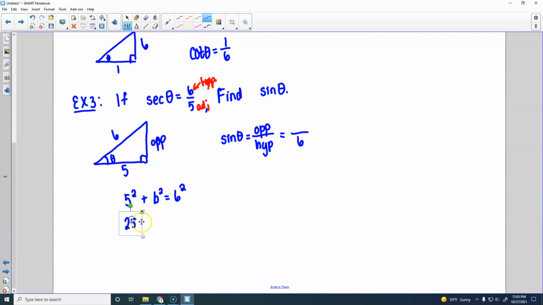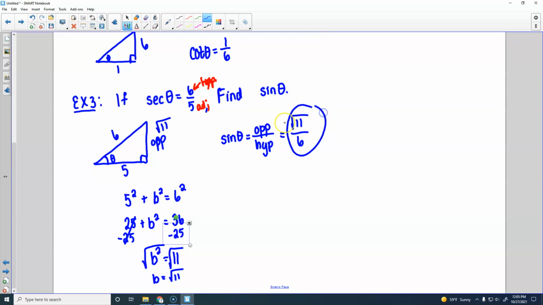So 25 plus b squared equals 36. We could subtract that 25. b squared is going to equal 11. We get b equals square root of 11. So that is this opposite side here. Some of these are going to have radicals in them. We'll just get square root of 11 over 6 here.